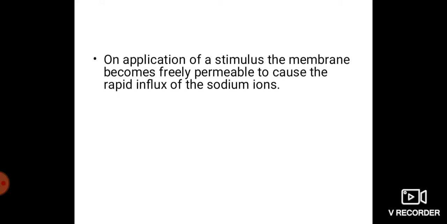On application of a stimulus, the membrane becomes freely permeable to cause the rapid influx of sodium ions. That is, when the neuron receives a stimulus, the permeability of the membrane changes. As a result, sodium ions move in a very rapid manner into the axon.